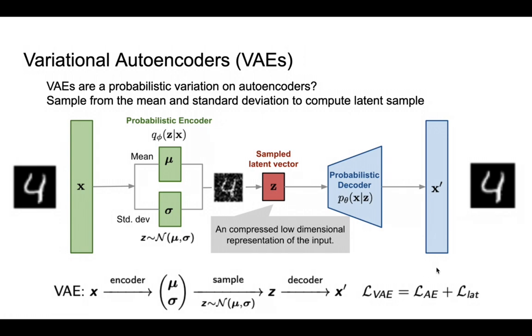It will add a regularization term, which is based on variational of the latent vector. And the variation of this latent vector is normally chosen as a normal distribution, that is a Gaussian distribution, with the mean value mu and the standard deviation sigma.